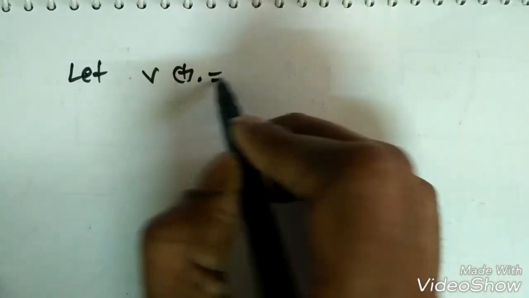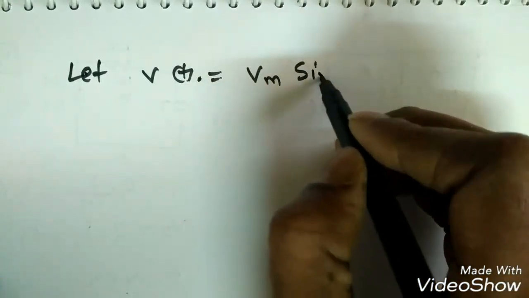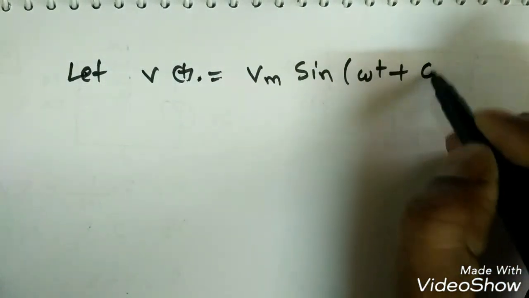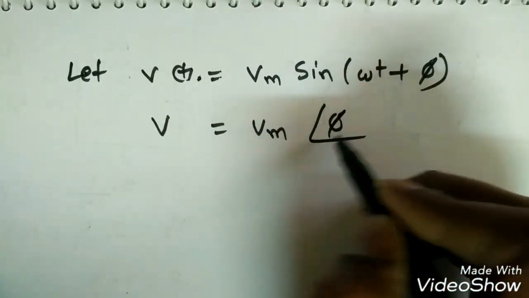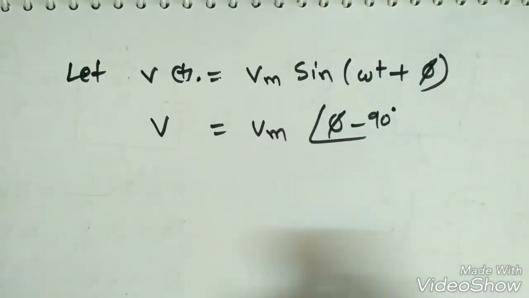Next, to find the particular integral, we follow the same procedure, that is the phasor domain approach. Let V of t be equal to Vm sin of omega t plus pi. In phasor domain, it will be represented by Vm angle pi minus 90 degrees.